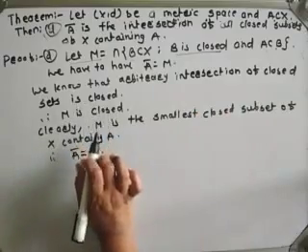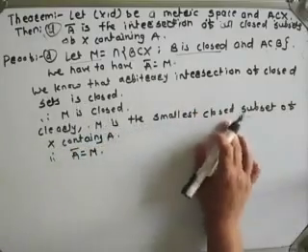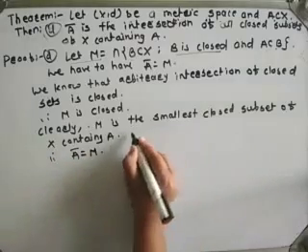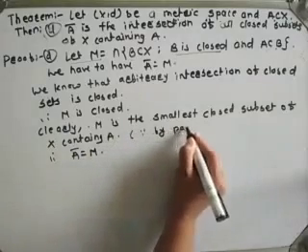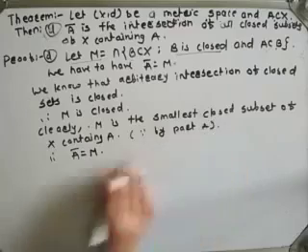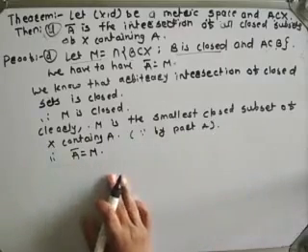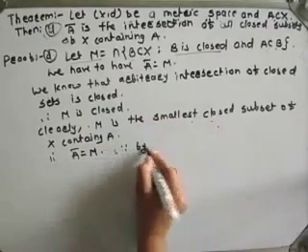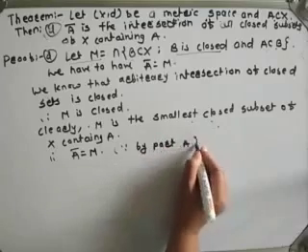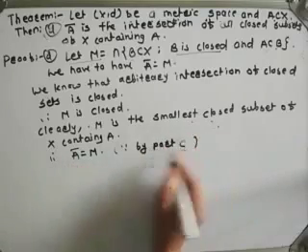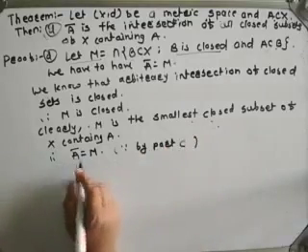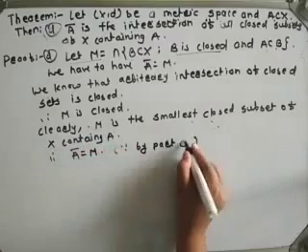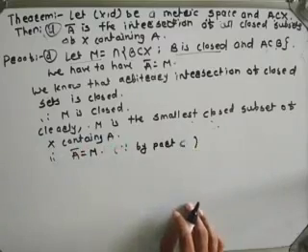Therefore, M is closed, and clearly M is the smallest closed subset of X containing A. This is by part C, where we have proved that A closure is the smallest closed subset of X containing A. Hence, proof of this theorem is complete.